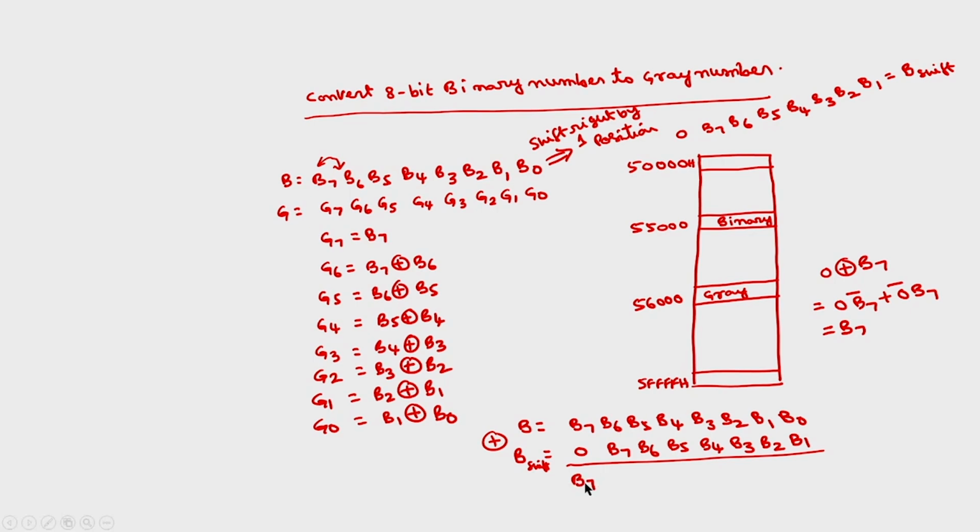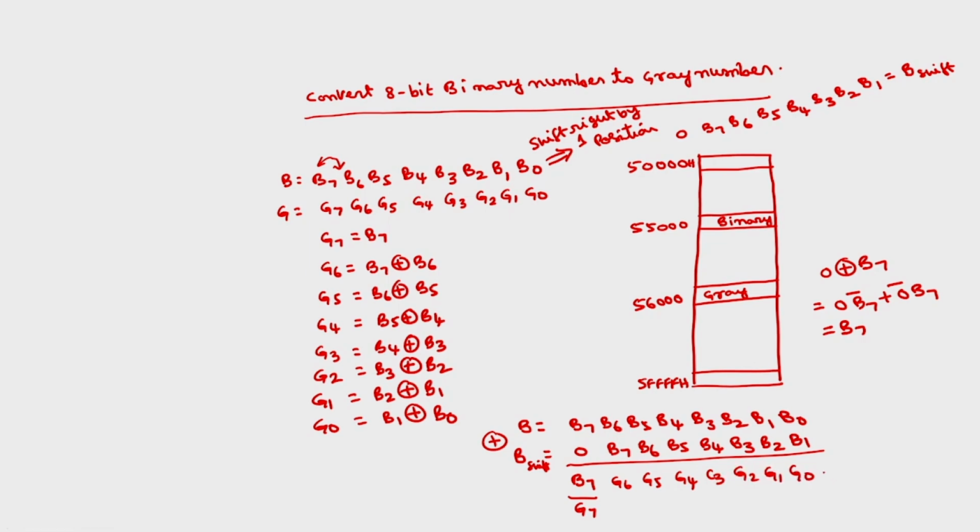What will be the next bit? B6 exclusive OR B7. This B7 itself is G7, you can call this one as B7 or G7, both are the same. Then the exclusive OR between B6 and B7 is G6. And this is G5, this is G4, G3, G2, G1, G0.